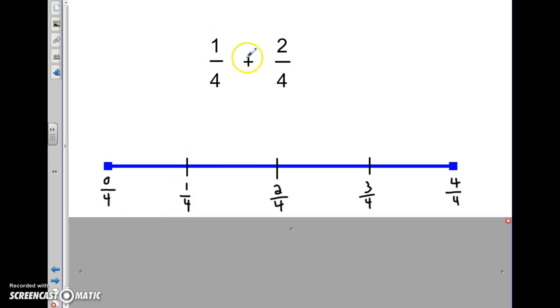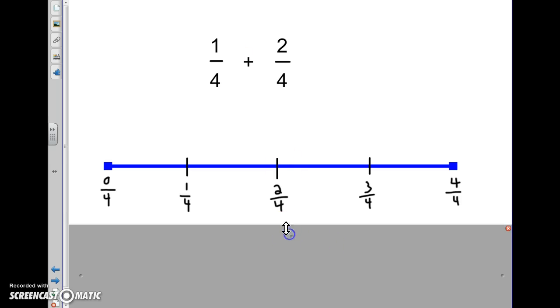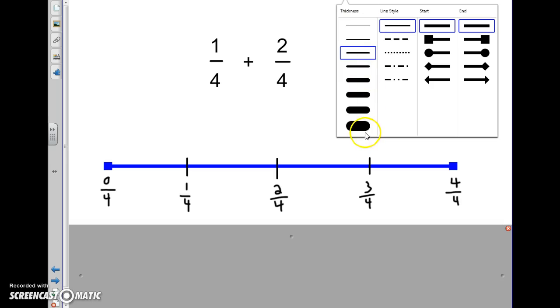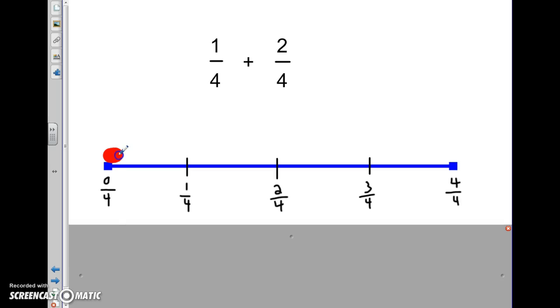So, to show this, we're adding these fractions on the line plot. All we're going to do is first show the first addend. As a representation of the first addend, I'm just going to use this big one. I'm going to go from here to here. That's going to be 1/4, right?